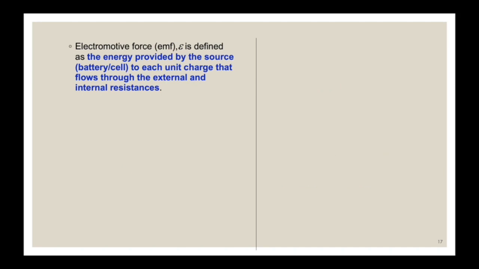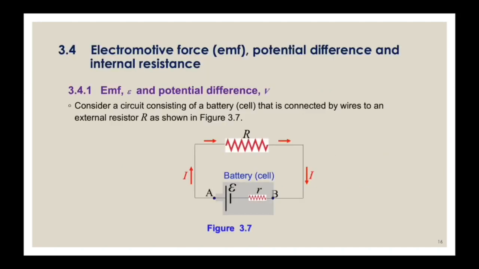So if we look again at our previous figure, we have two types of R. The big R is the external resistance, and small r is the internal resistance. Internal resistance is the resistance inside the battery, inside the cell. So they live together, the EMF and the internal resistance.